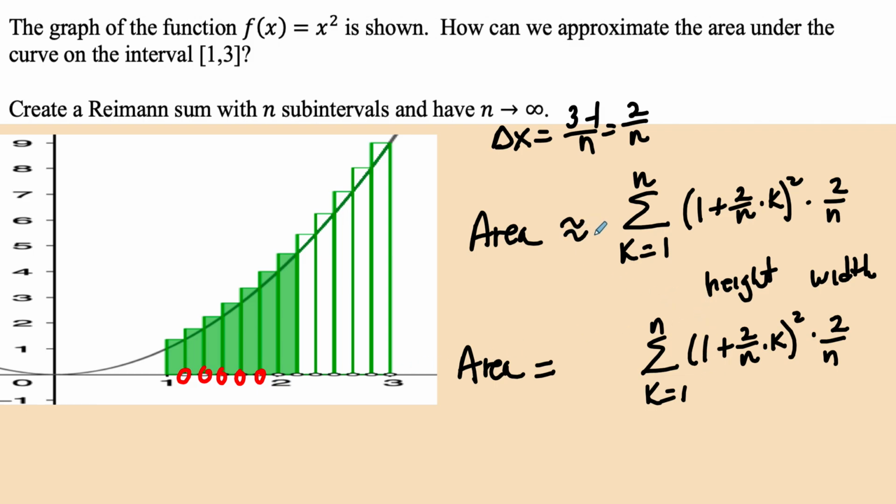So in order to move from an approximation to the actual area, what we have to do is take this summation and take the limit as n approaches infinity. If we do that, we create more and more rectangles and better accuracy.